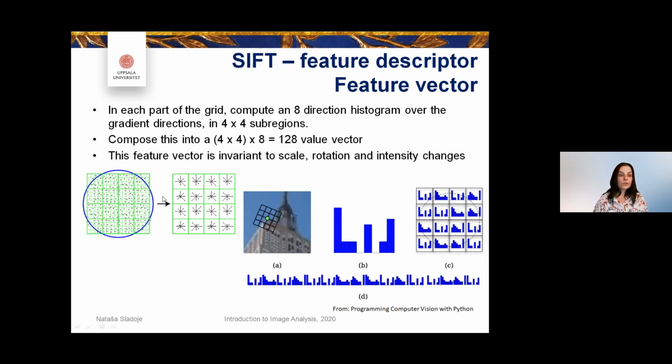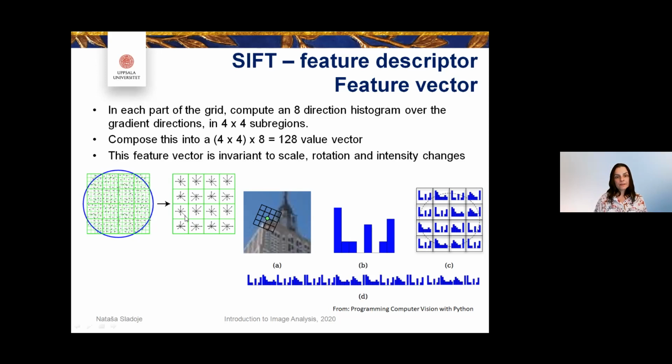So each of these 4 times 4 regions is then assigned a histogram of 8 directional gradients characteristic for that particular region.